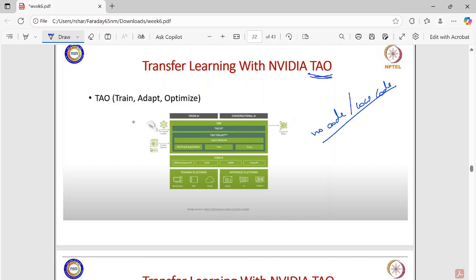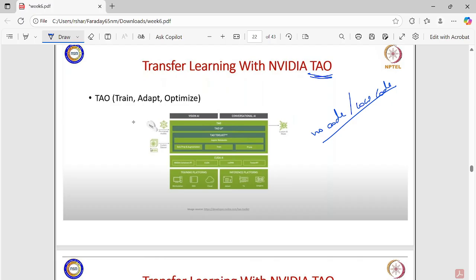It provides pre-trained AI models for tasks like image classification, object detection, NLP, speech recognition, etc. This enables transfer learning with our own dataset without expensive coding. Next, it automates the training, pruning, quantization, and deployment, and optimizes for NVIDIA GPU and Jetson platforms. This helps to build custom AI models faster and more efficiently.